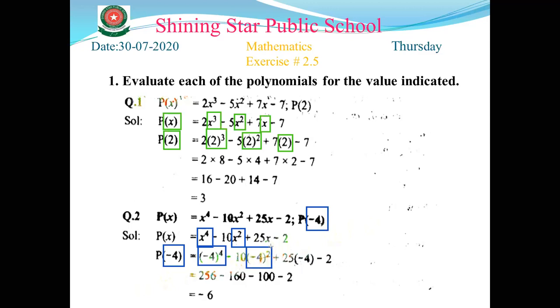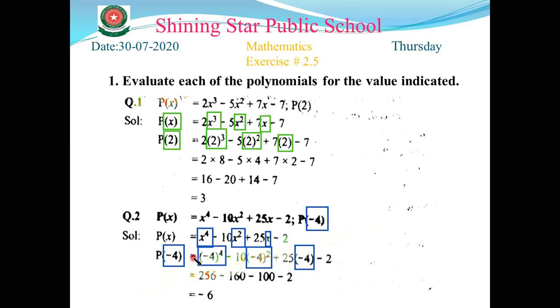Here we have simple x, it means minus 4, and minus 2. In our polynomial, x power 4 minus 10x square plus 25x minus 2, we replace the x with minus 4. Simple.